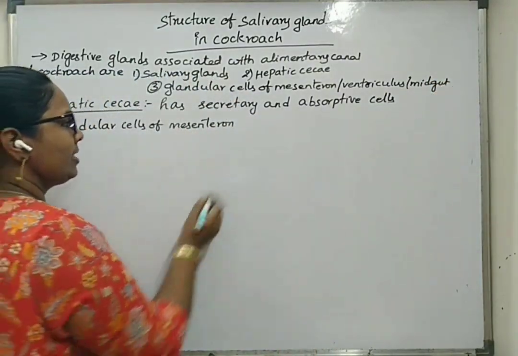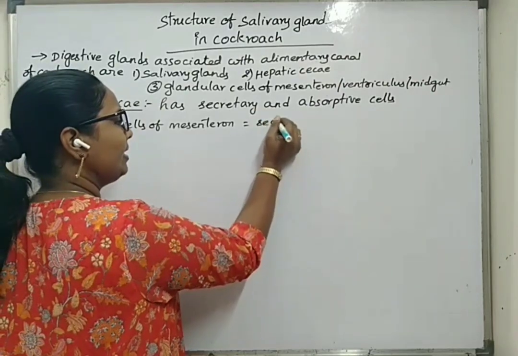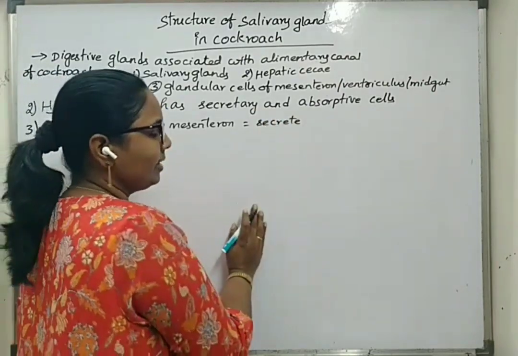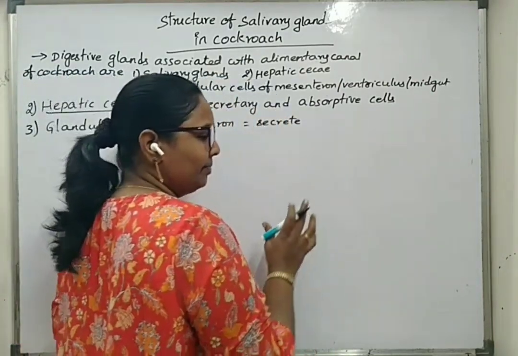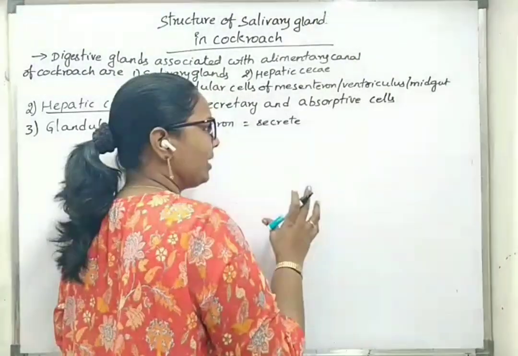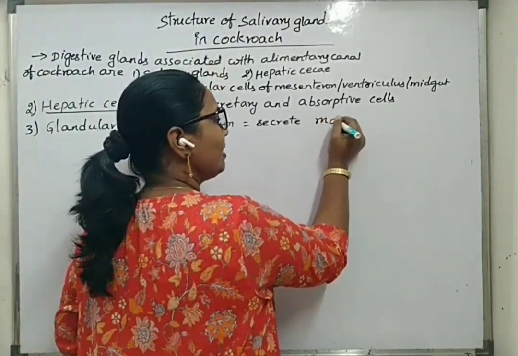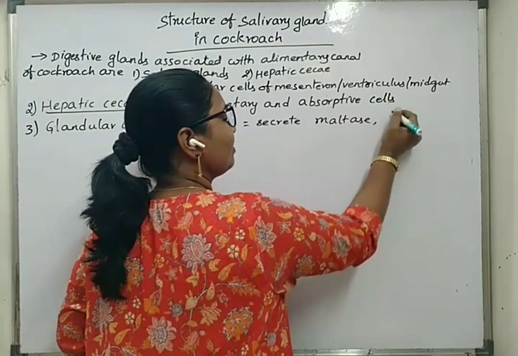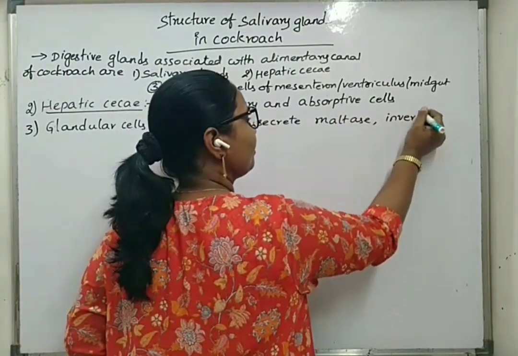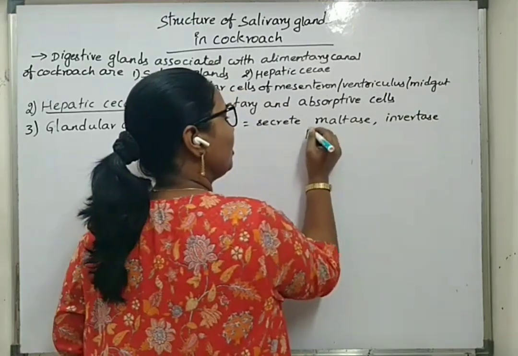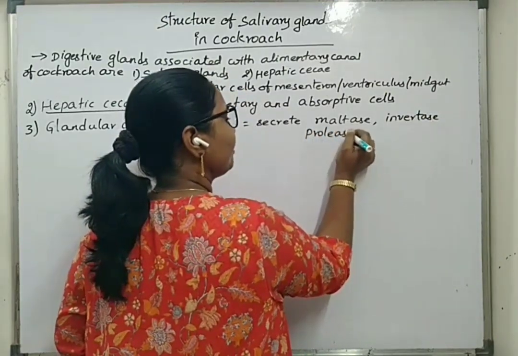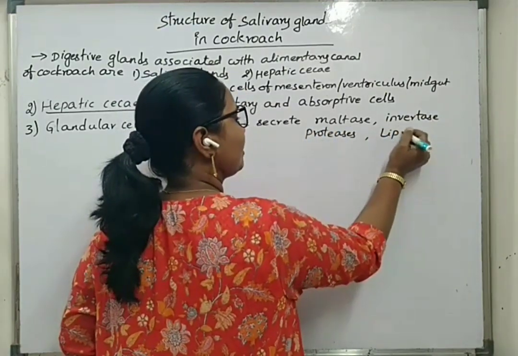So glandular cells of mesenteron, they secrete amylase, maltase, invertase, proteases and lipases. We will write few like maltase, invertase, proteases, lipases.